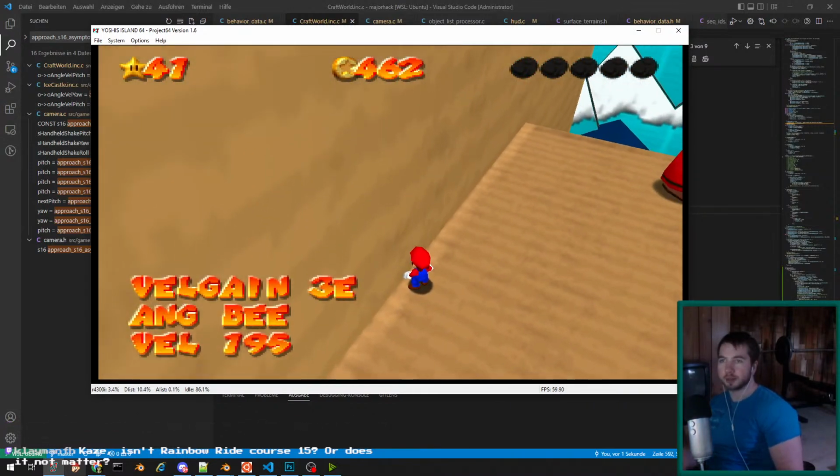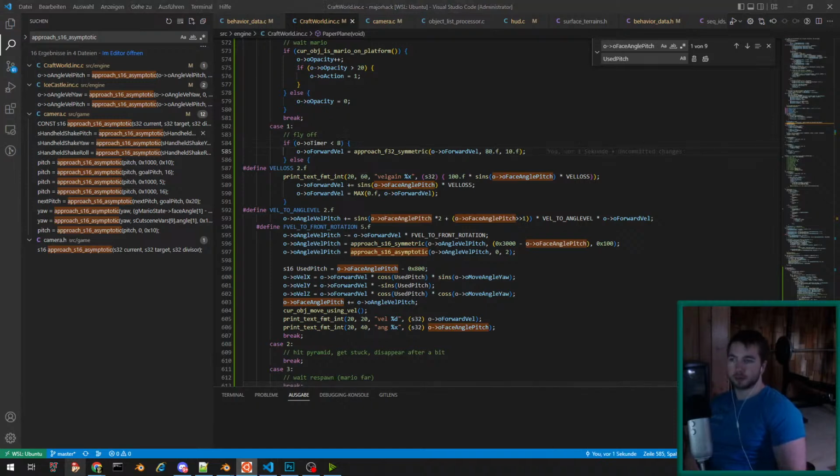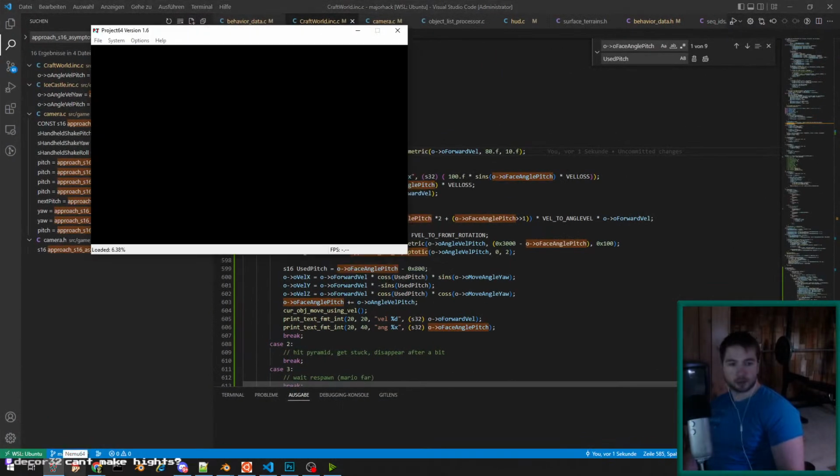Oh god, that made it worse. We could make it so that we gain more velocity at the beginning. That would change everything. Ah. Can't make hits.